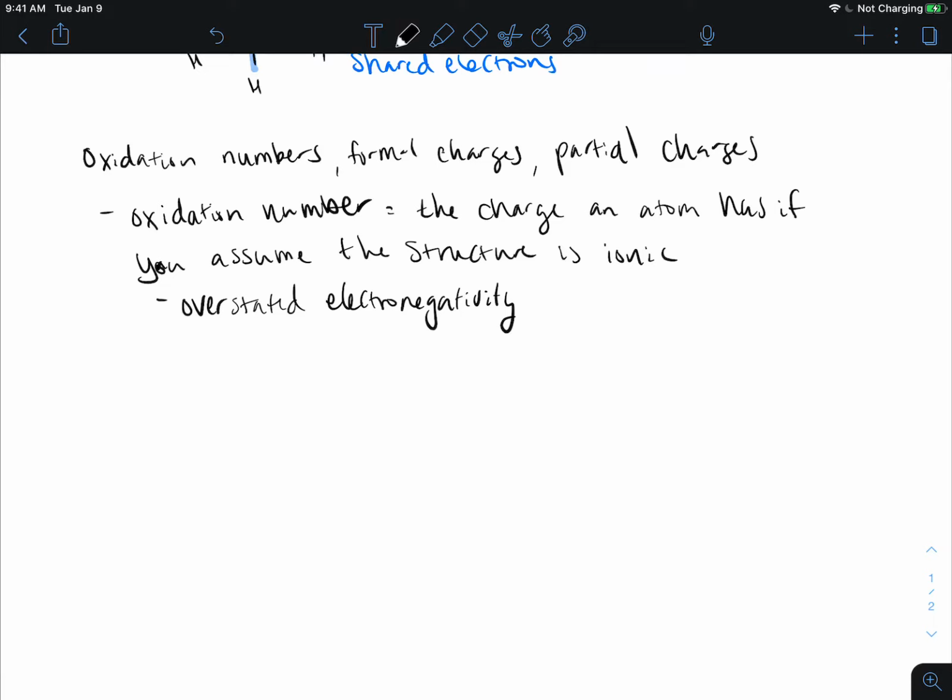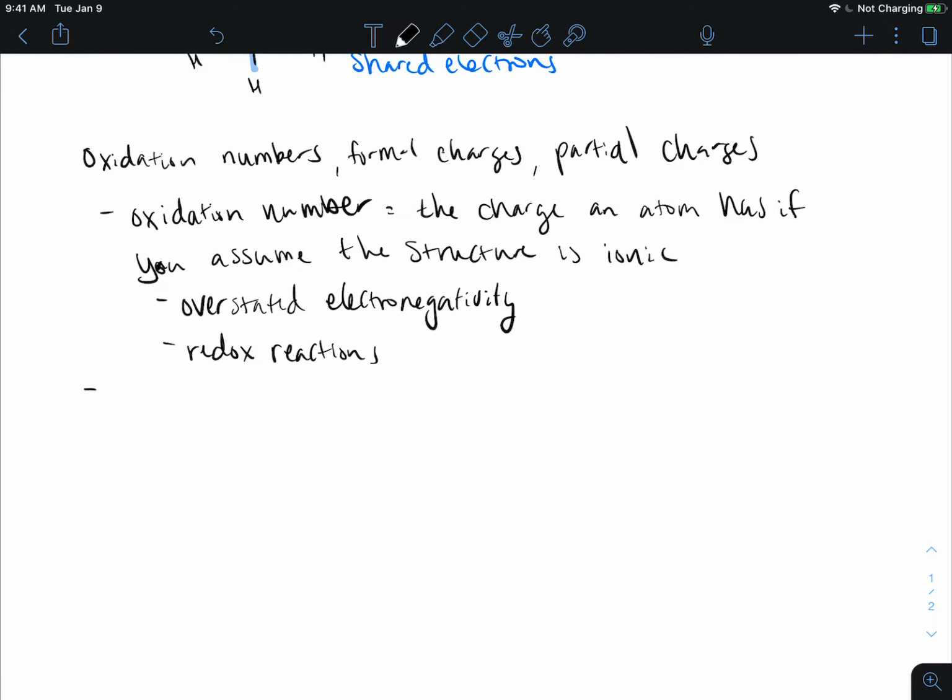So there's going to be an assumed electron transfer from the atom that is less electronegative to the atom that is more electronegative, which we know is not true in covalent substances, but it's a really good bookkeeping method when we're thinking about our redox reactions. So these are for redox reactions.